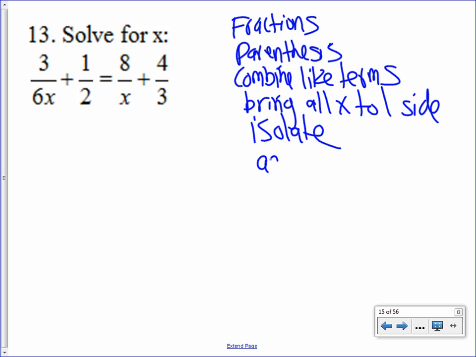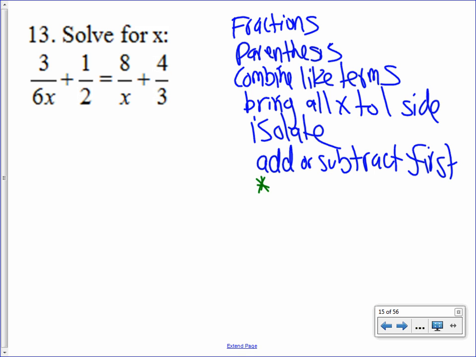In order to do that, we add or subtract first. And even though it's not in the song, you do have to know that if you're adding and subtracting first, you're dividing last. And your key understanding stack talks about how to do each of these steps.